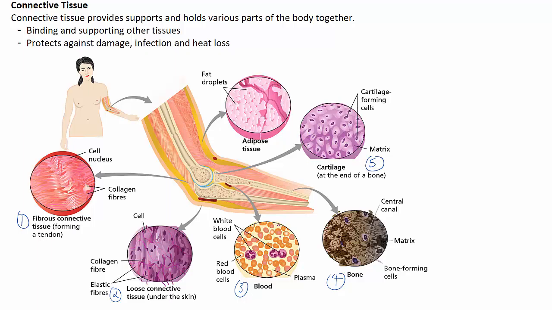And then finally, another main type of tissue in vertebrates is adipose tissue, which is effectively the fat tissue, which provides a lot of warmth in your body, but also storage of energy such as glycogen.